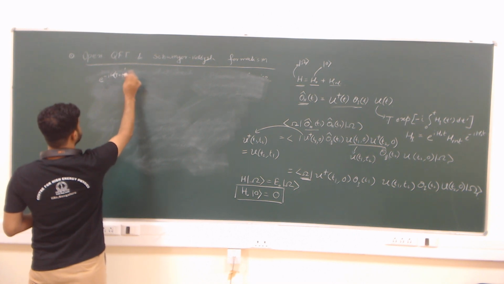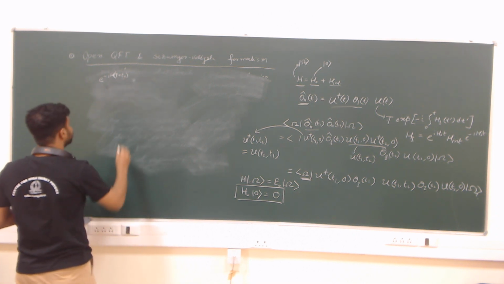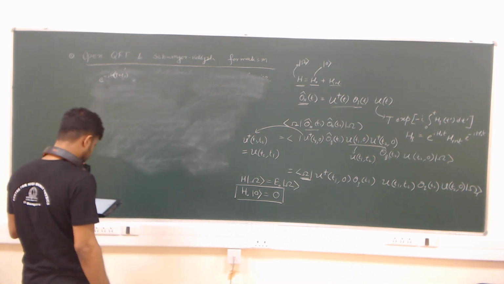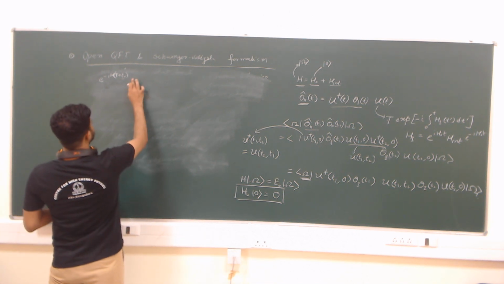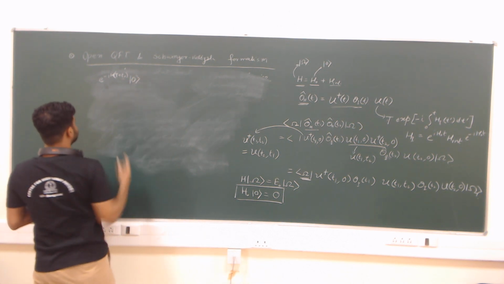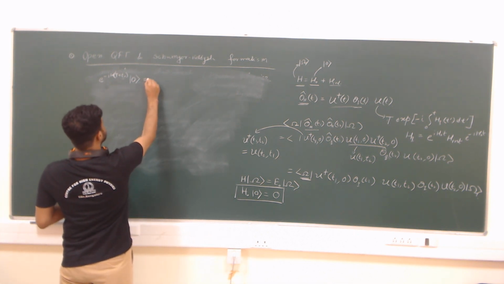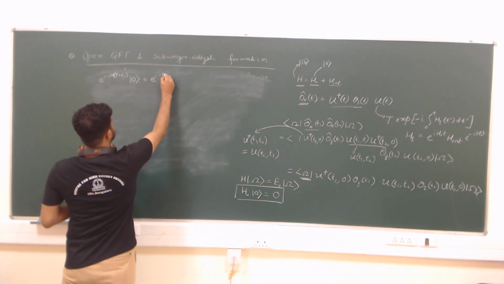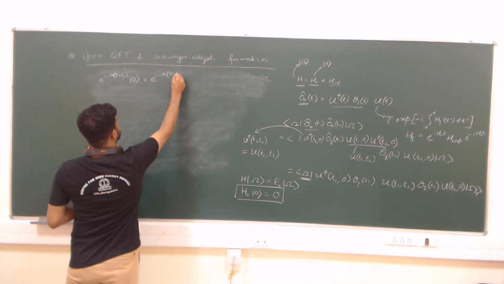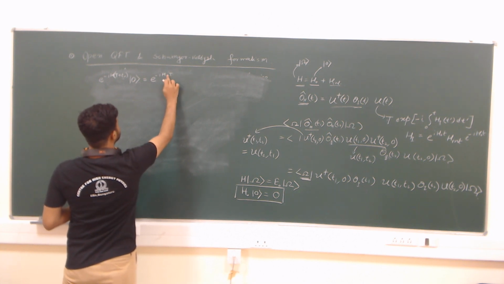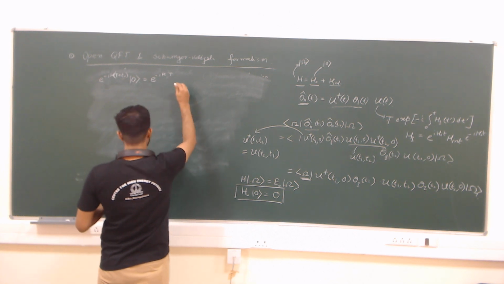This is just a constant where we start the evolution from; it can be 0, but let's keep it as t0. If we act on the free theory vacuum 0, let's consider from t0 going to 0.